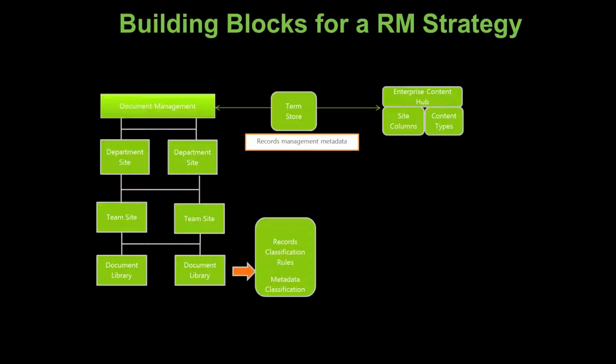Now the traditional forms of this type of classification have really been driven around an end user performing a particular action. In building an enterprise records management strategy, we look to disband these traditional forms of end users performing these actions, and we really look to focus a lot more on using systematic controls in how this is actually implemented.